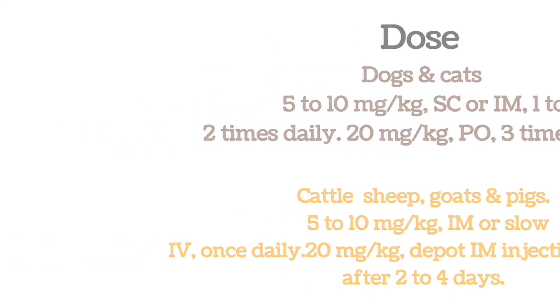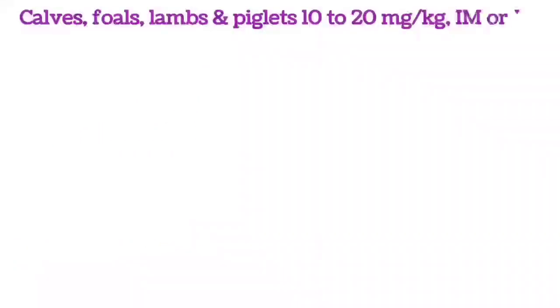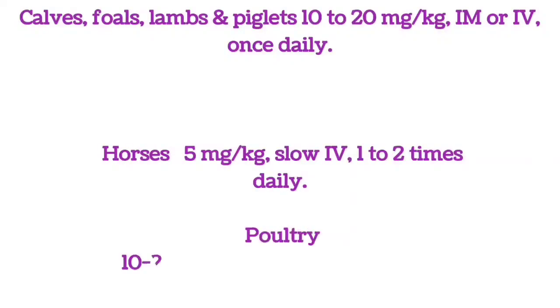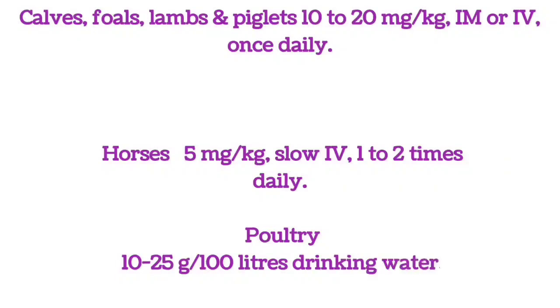Calves, foals, lambs and piglets, 10 to 20 milligrams per kilogram, IM or IV, once daily. Horses, 5 milligrams per kilogram, slow IV, 1 to 2 times daily. Poultry, 10 to 25 g per 100 liters of drinking water.